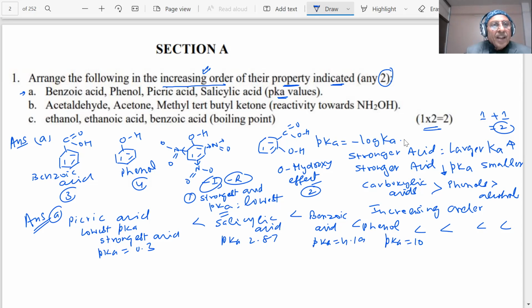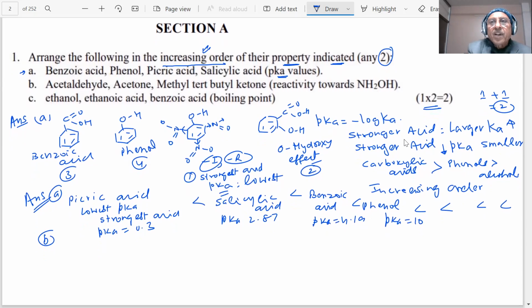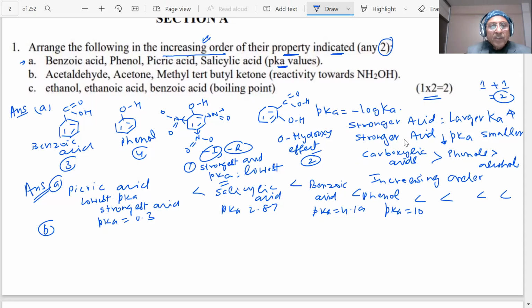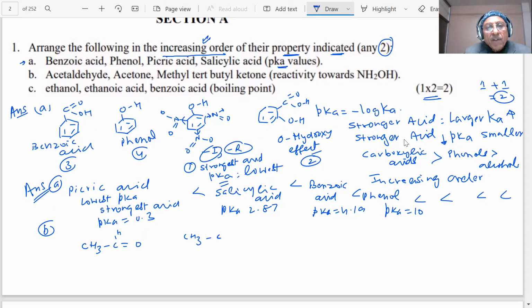Now what is the next? B. Let us read the question very carefully, what it says in B, students. In B, saying acetaldehyde. What is acetaldehyde, students? CH3CHO, acetaldehyde or ethanal. Acetone, what is the formula of the acetone, student?